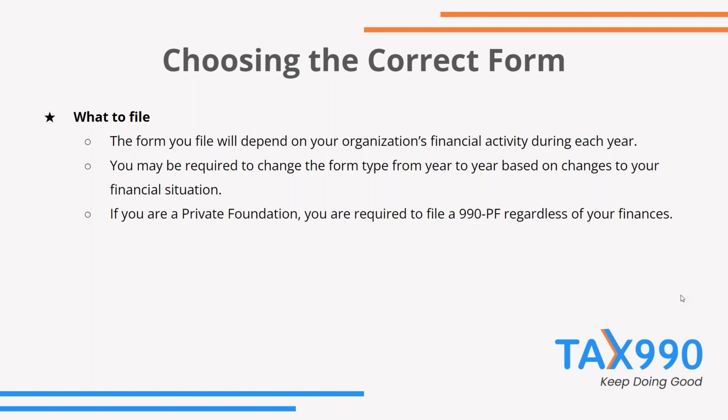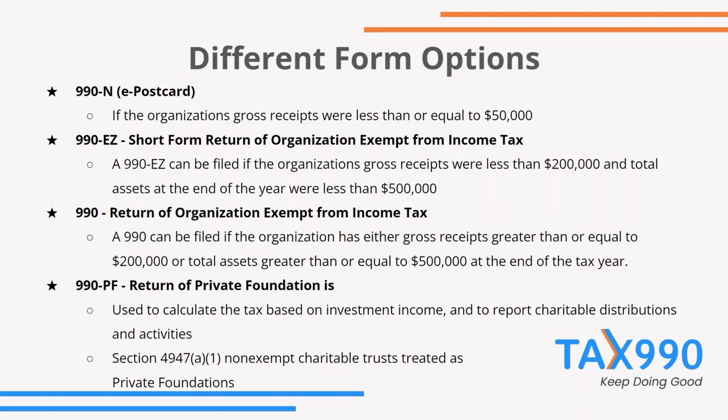You may be required to change the form type from year to year based on your changes to your financial situation. If you're a private foundation, you're required to file the 990PF regardless of your finances. As mentioned, there are 4 main 990 series return options. An organization needs to file one of these 4 forms annually to maintain tax-exempt status.